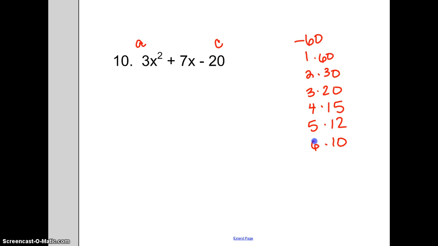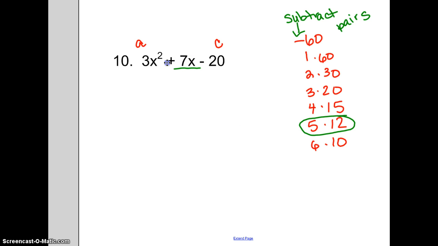This time, since the number up here is negative, we want to subtract the pairs to find one that equals the middle term. So 5 and 12 will be the pair that we need.